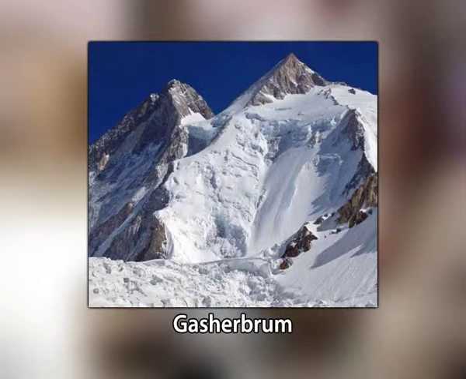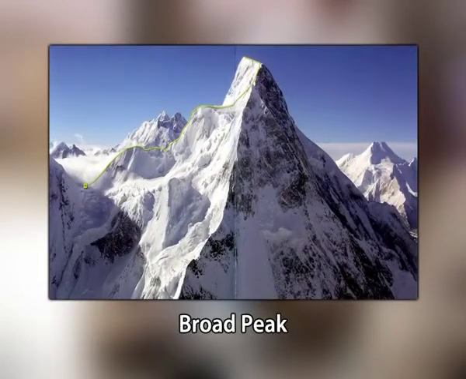The other peaks which are rising more than 8,000 meters above sea level and located in this range are Gasherbrum first, Hidden Peak, with an altitude of 8,068 meters, Broad Peak with an altitude of 8,047 meters, and Gasherbrum second with an altitude of 8,035 meters.